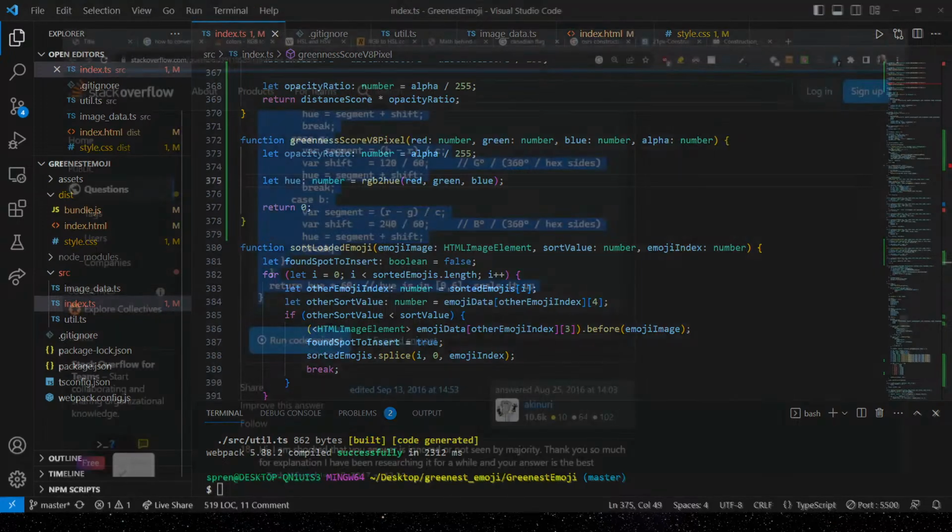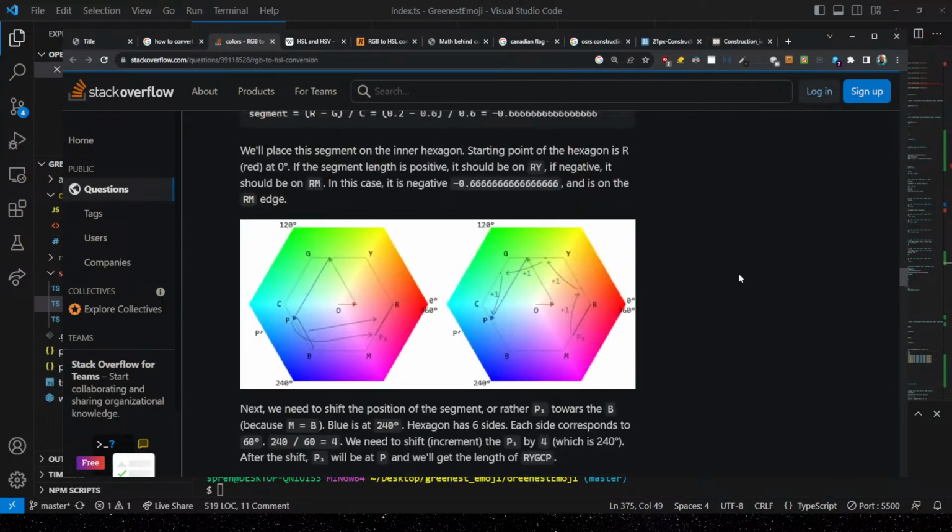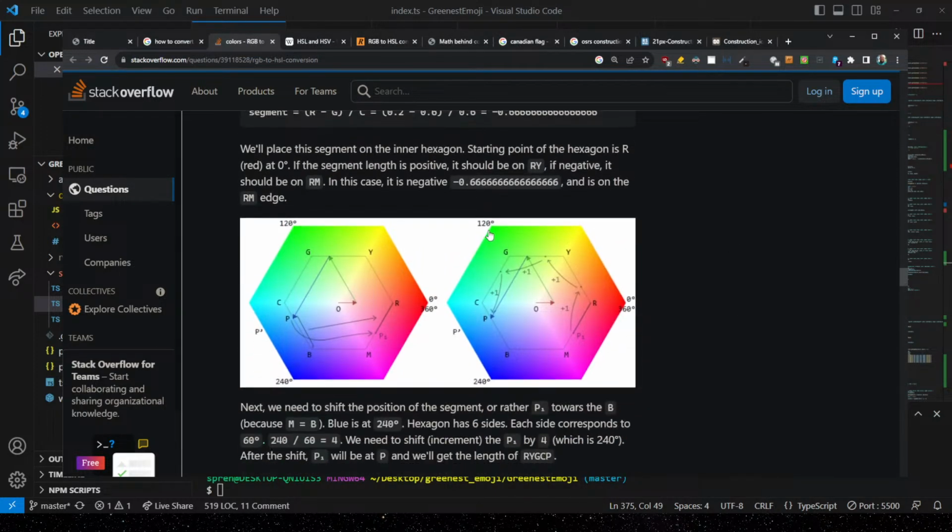Because, you know, remember the diagrams. Here's pure green right here. So we want to score other angles up in here. And this is probably going to take a couple of iterations.